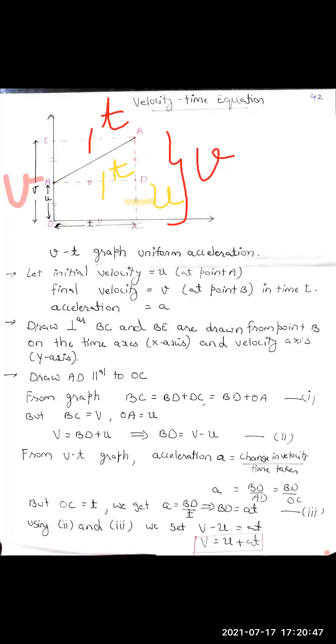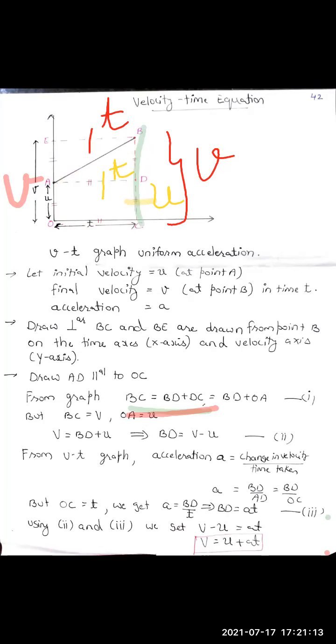Now, children, we are going to start from the graph. From the graph, children, you can see that this entire line, that is your BC. Can you write BC is equal to BD plus DC? Yes, we can write BC equals BD plus DC.